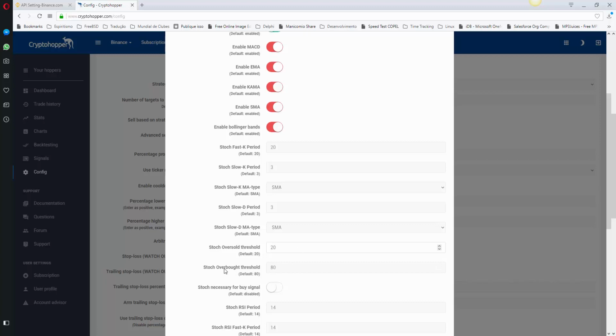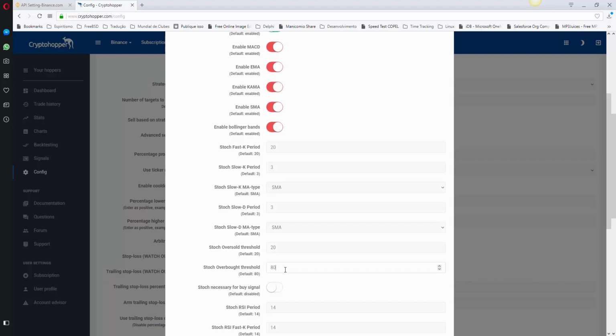And overbought tells the signaler how much percent of the coin has been bought. And it understands by default that if 80% of the normal coin volume has been bought, that means that the coin is probably going to be dumped. That means the price is going to go down.